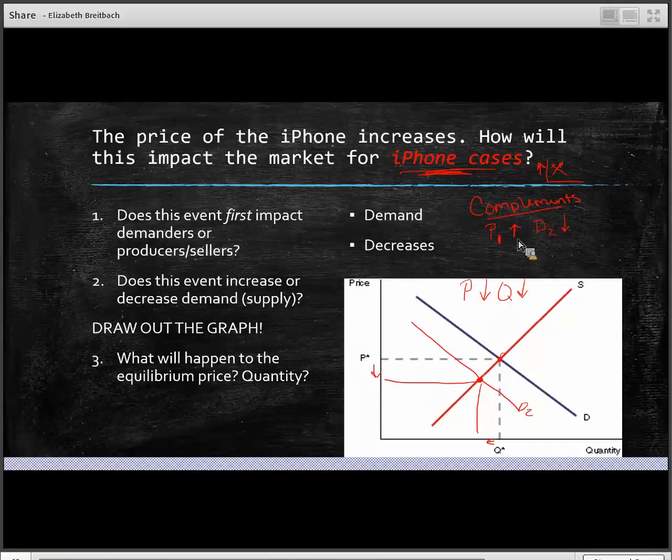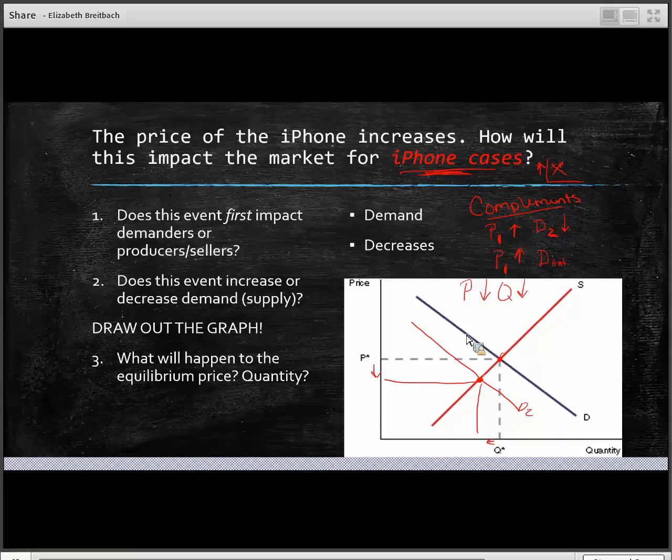Let's again talk about iPhones increasing in price. What about the demand for Android phones? If iPhones increase in price, some consumers will decide that price is too high, the quantity they demand starts to decrease, and instead of purchasing an iPhone, they purchase an Android.